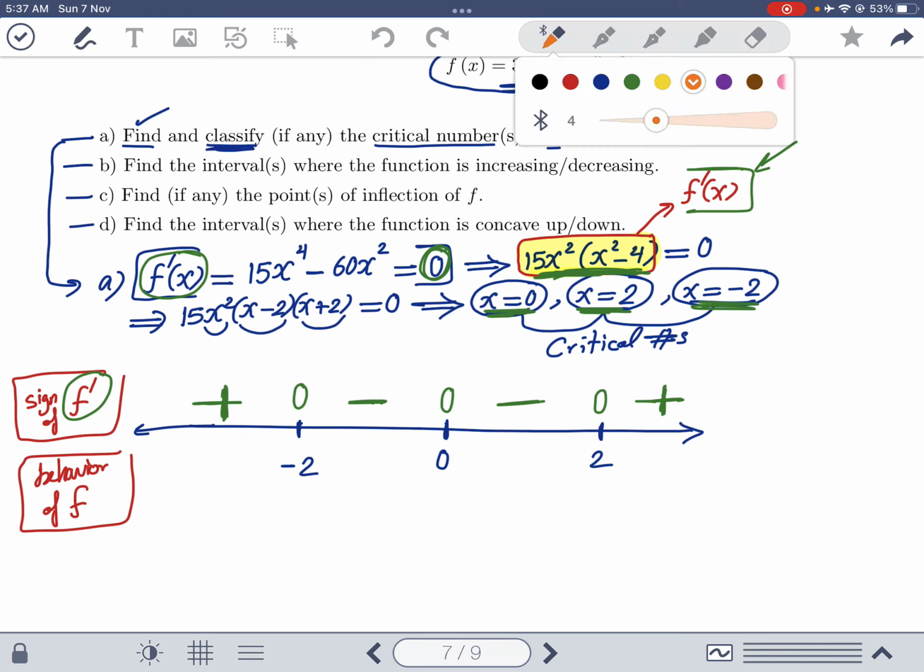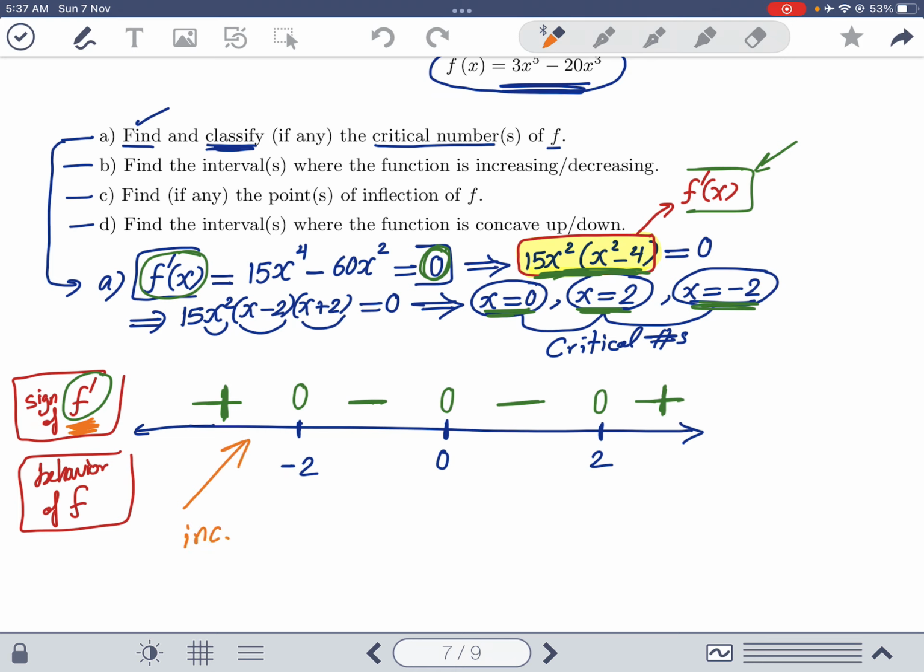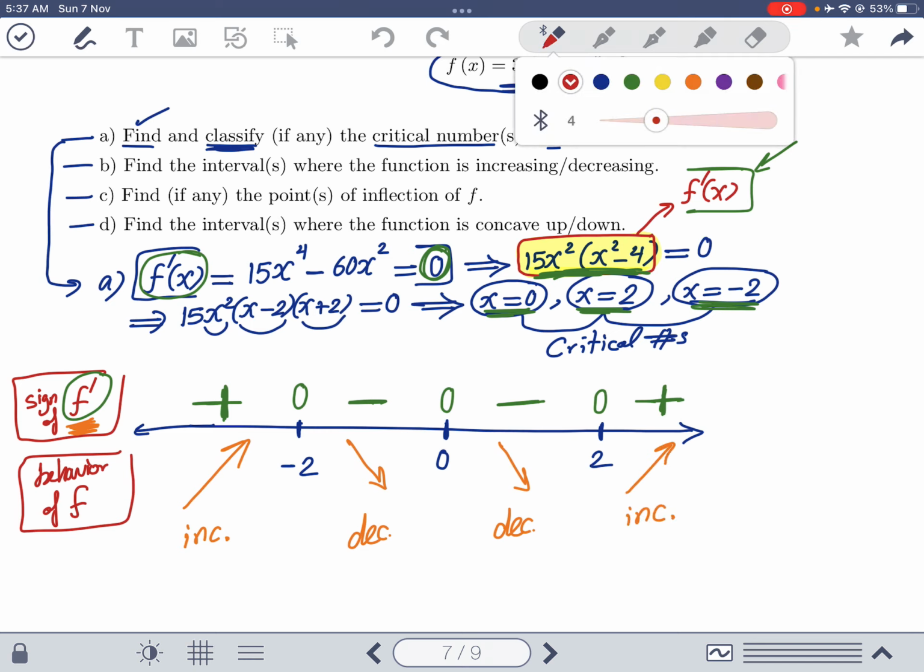And now look at how nice this is. If f prime, the derivative, is positive, we know that this means that the function is increasing. Negative is decreasing. Positive, increasing. And immediately you can identify here increasing, then decreasing.